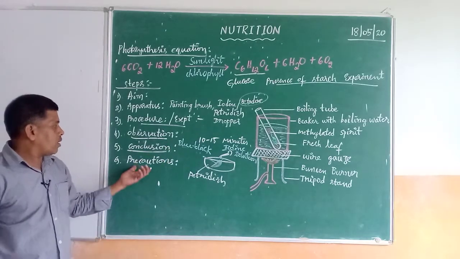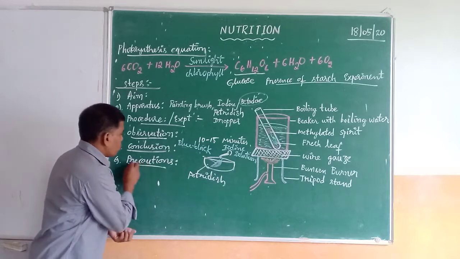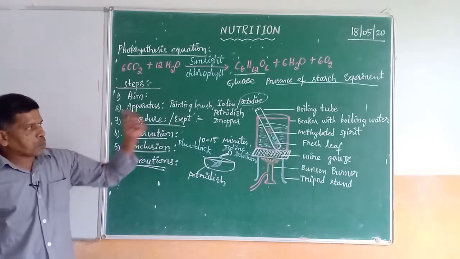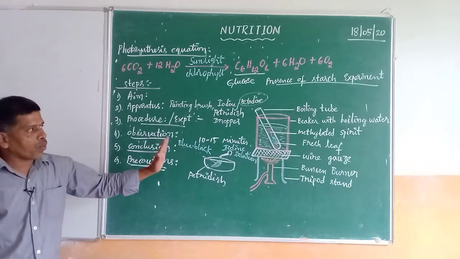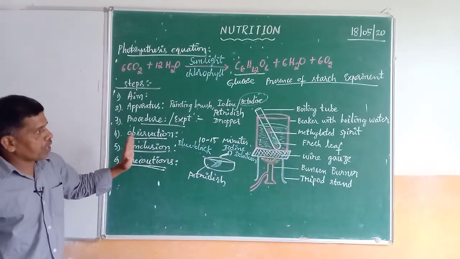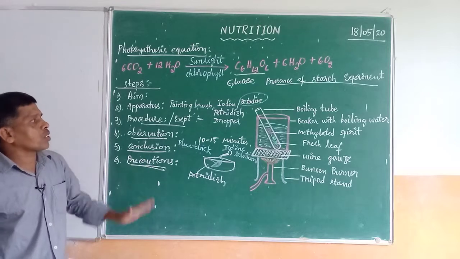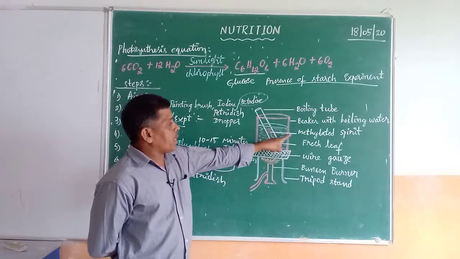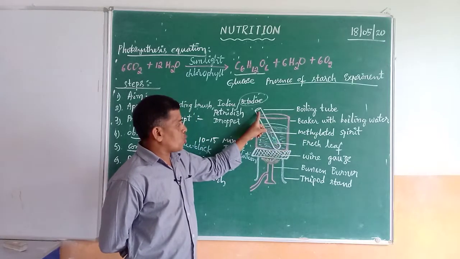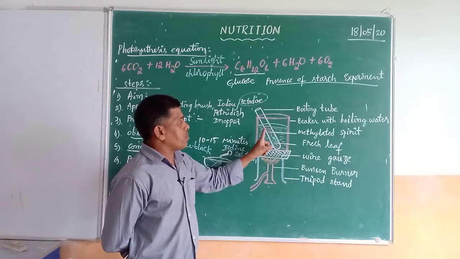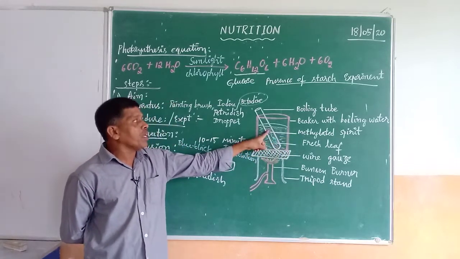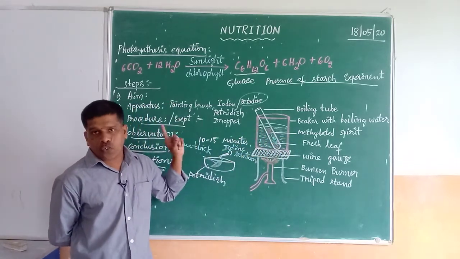Now lastly, regarding precautions. This is most important, the last heading called precautions. In this experiment, what sort of precautions are we going to take? It is very important to write the precautions. The first precaution is never to heat the boiling tube with methylated spirit directly on the Bunsen burner, because methylated spirit is highly inflammable and catches fire easily.